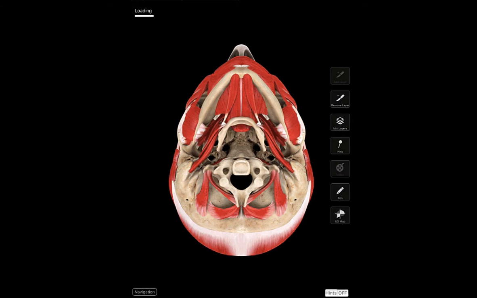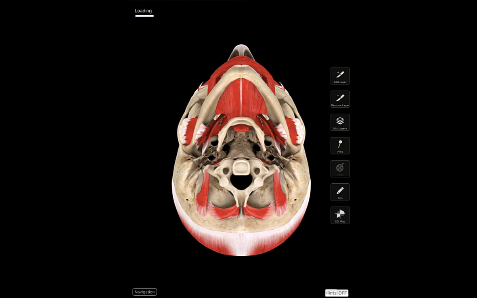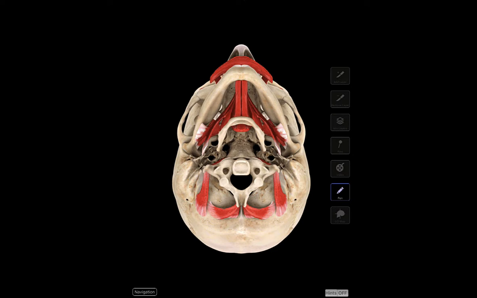Okay, I'll remove a couple layers here. Number nine, there's these two right here. That's number nine, and it starts with the letter G. This little wing off to the side is number 10, and it starts with the letter H.